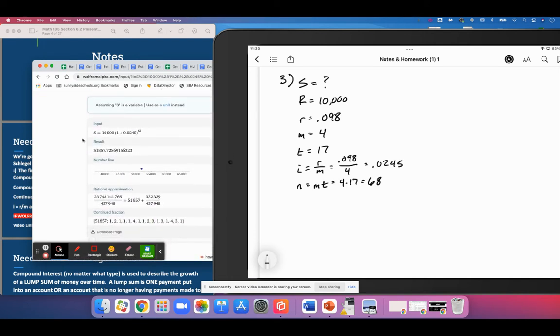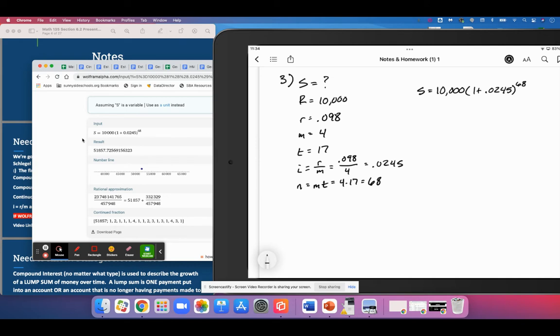So we get that in the course of those 17 years, that $10,000 is going to become $51,857. And so I will write over here on the side what I actually put in to Wolfram. So the formula itself is S equals $10,000 times (1 plus 0.0245) to the power of 68.